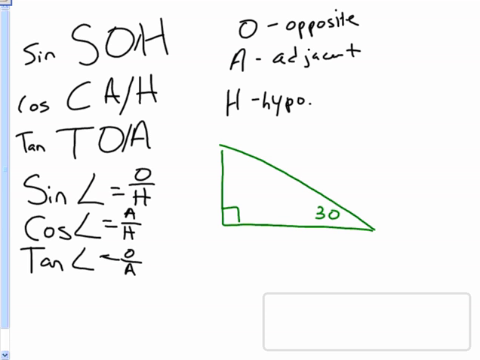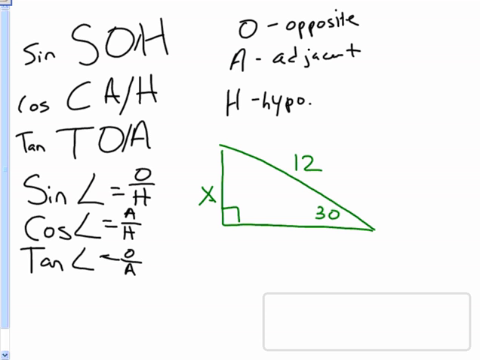Oh, and that's one thing I didn't mention. Sohcahtoa only deals with right triangles. If it's not a right triangle, you cannot do Sohcahtoa. Let's make it easy the first time. Let's say this is 12, and I ask you to figure out what this is.